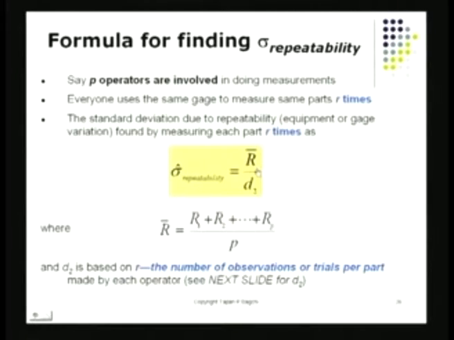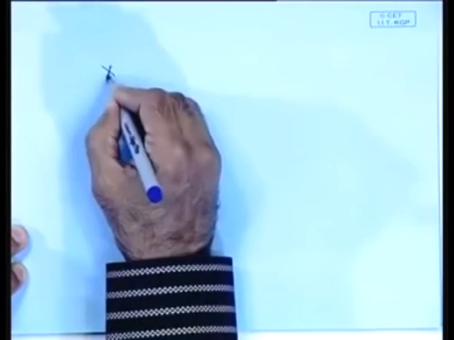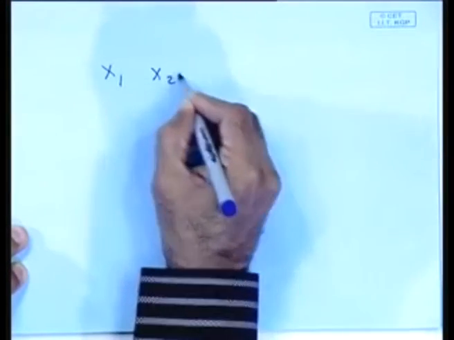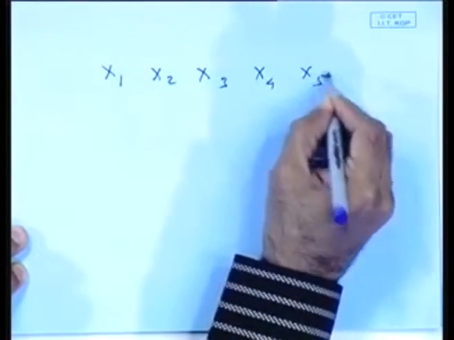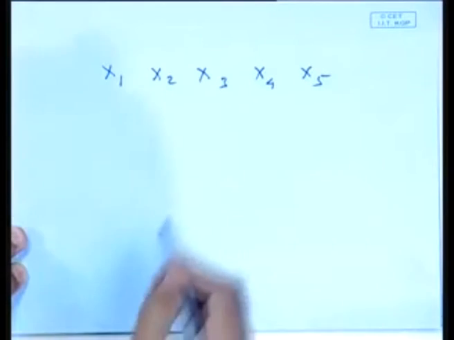I'm going to show you some real data also, and therefore you'll be able to get an idea of the real data right away. But let's say I've made some measurements with the same gauge, and I'm the single operator. My readings are x1, x2, x3, x4, x5. Let's say I've made 5 measurements.